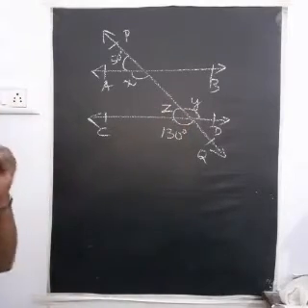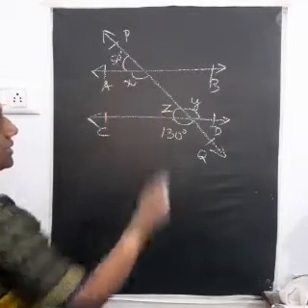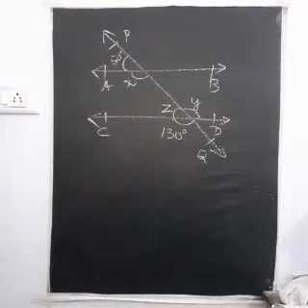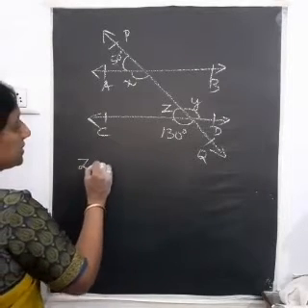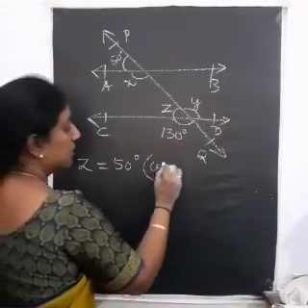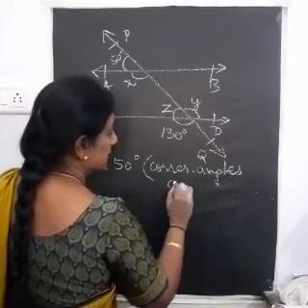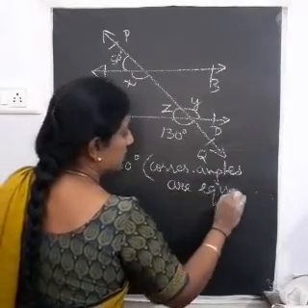Okay. Now, if you notice what happens, this 50 and Z, what are they? They are corresponding angles. So can I say Z is equal to 50 degrees? By which axiom? Corresponding angles are equal. Okay.